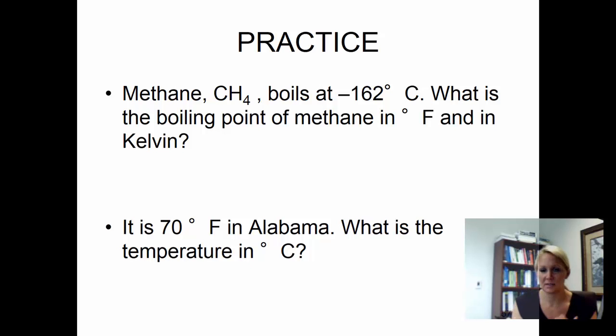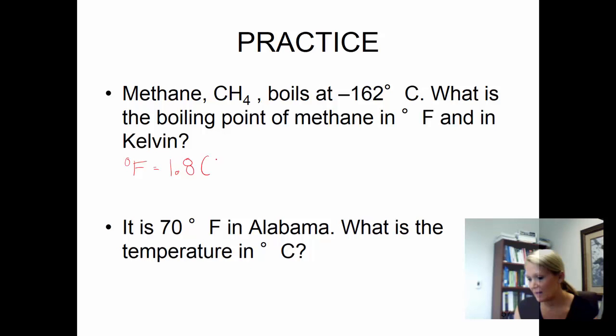Alright, so let's practice these. That's really the best thing to do, just plug it into the equation, practice, and make sure you can understand these. So we have methane, and it boils at negative 162 degrees C, and we want to know the boiling point of methane in Fahrenheit. If you need to, you can go back and look at your equations if you don't remember them yet.